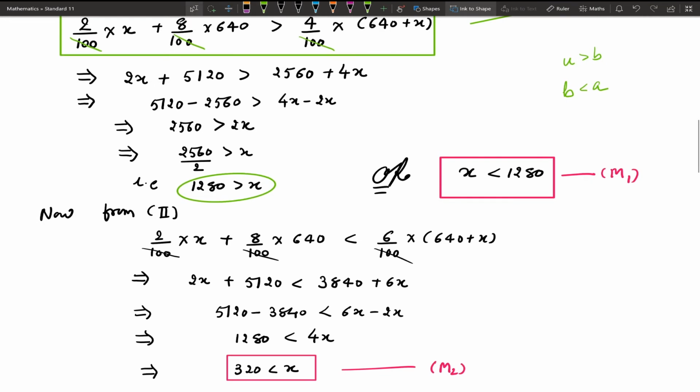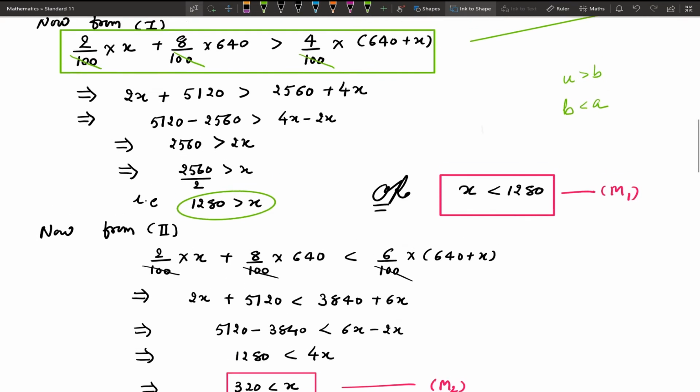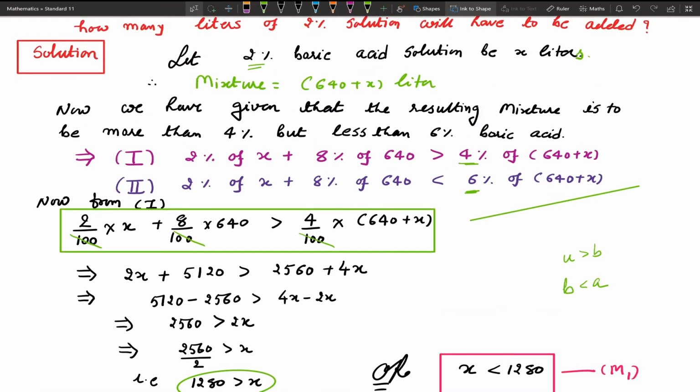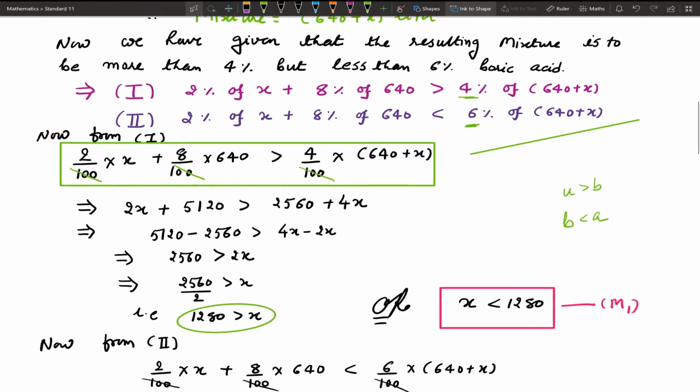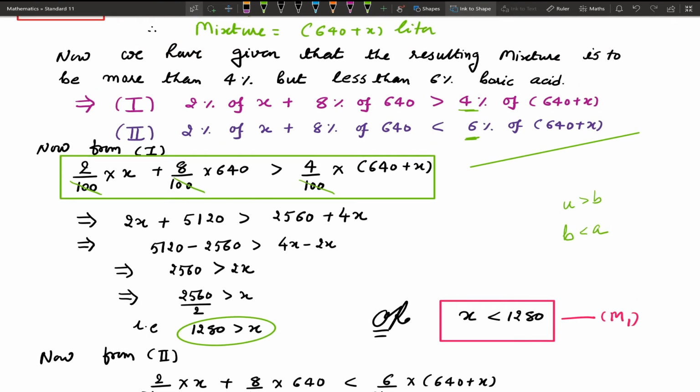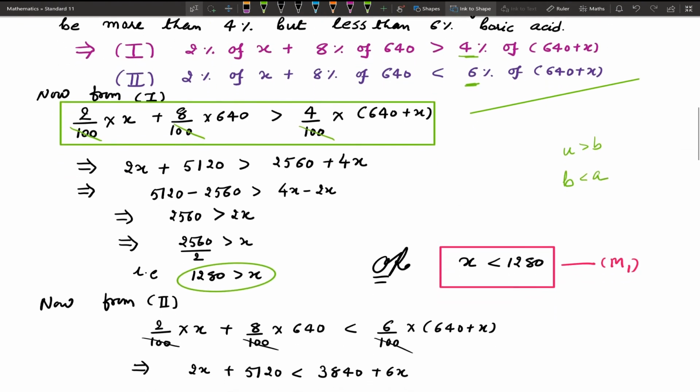So as a first portion, when we use the mixture, the resulting mixture is to be more than 4%. Using this we have obtained x is less than 1218. Now we use that the resultant mixture is less than 6% boric acid.